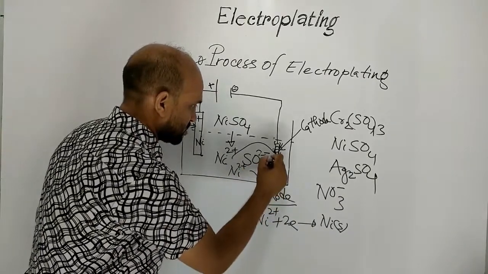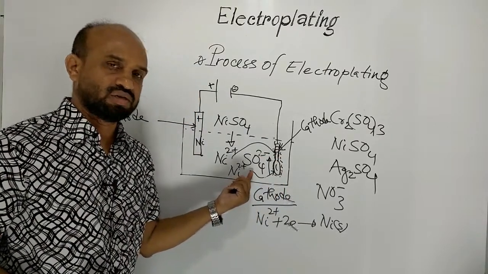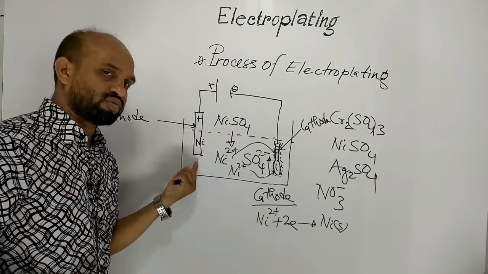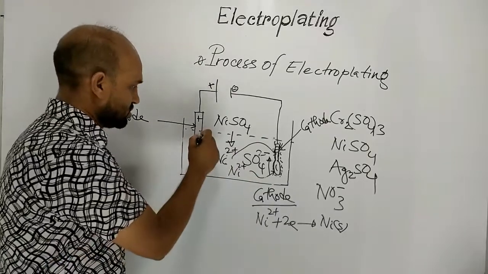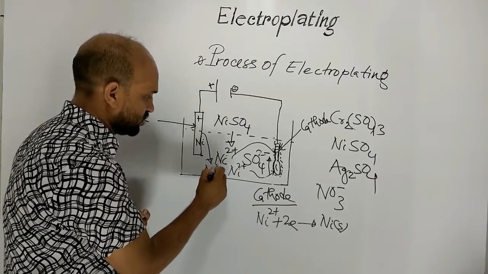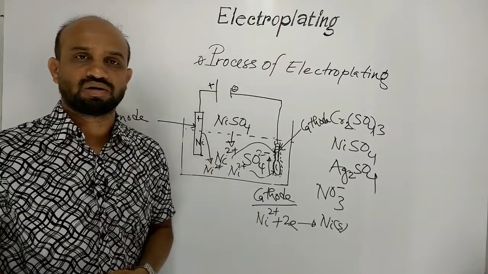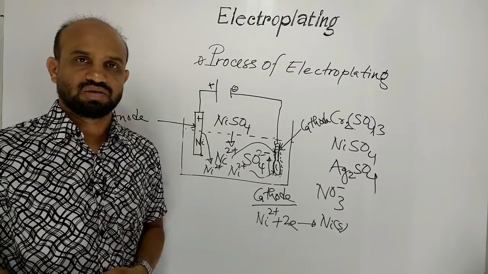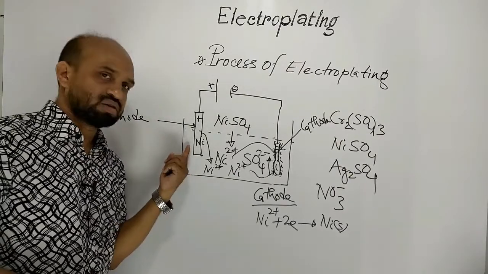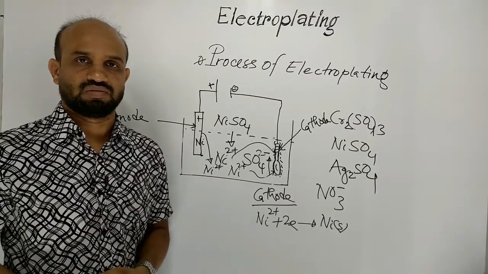here the concentration of sulfate ion is increased. That is why nickel from the anode goes to solution as nickel 2 plus, so that the amount of nickel ion is not decreased. That is why here the anode is made of nickel metal.